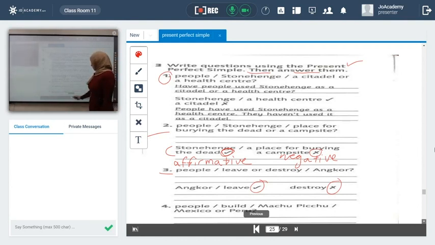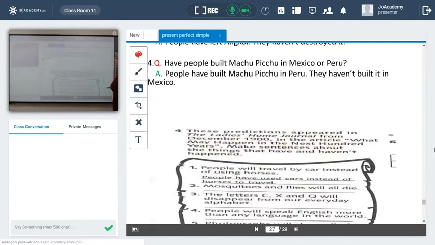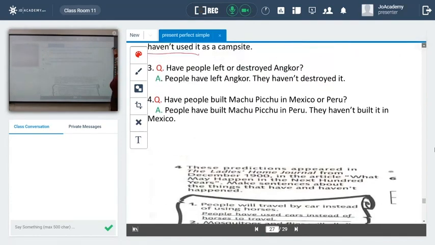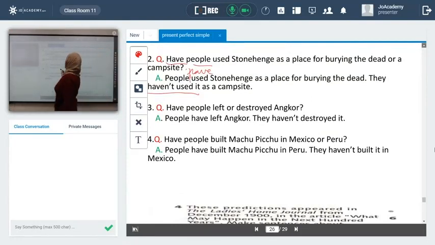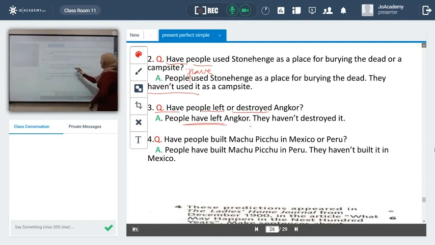So if we want to make it a question and have the answer for it, we're going to look at number 3. Here, have people left or destroyed Anchor? People have left Anchor. They haven't destroyed it.